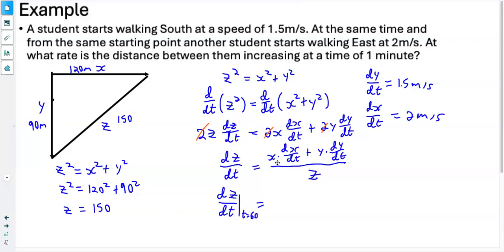So that would be our x, which at that point is 120, times our dx dt, which was 2, plus our y at that location, which is 90, times dy dt, which was 1.5, over our z at that time, which was 150. So the rate at which the distance between them is increasing at that time is 2.5 meters per second.